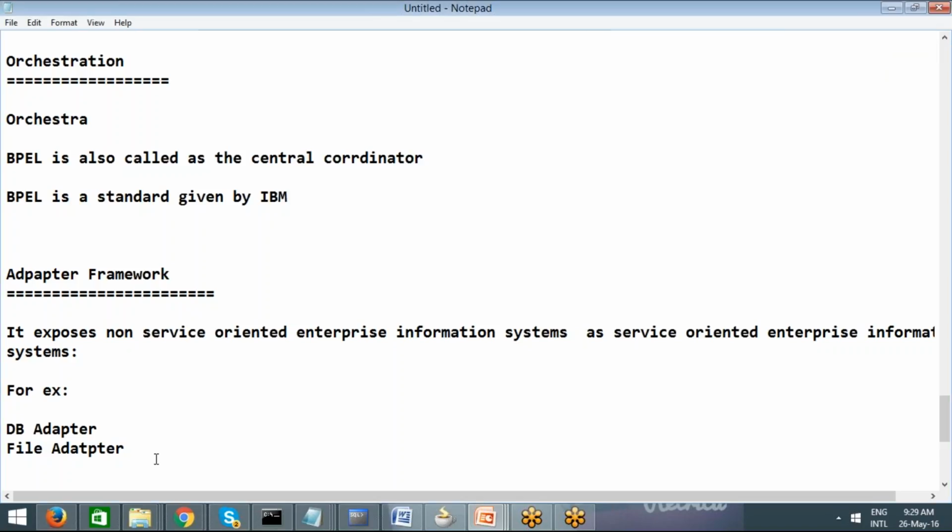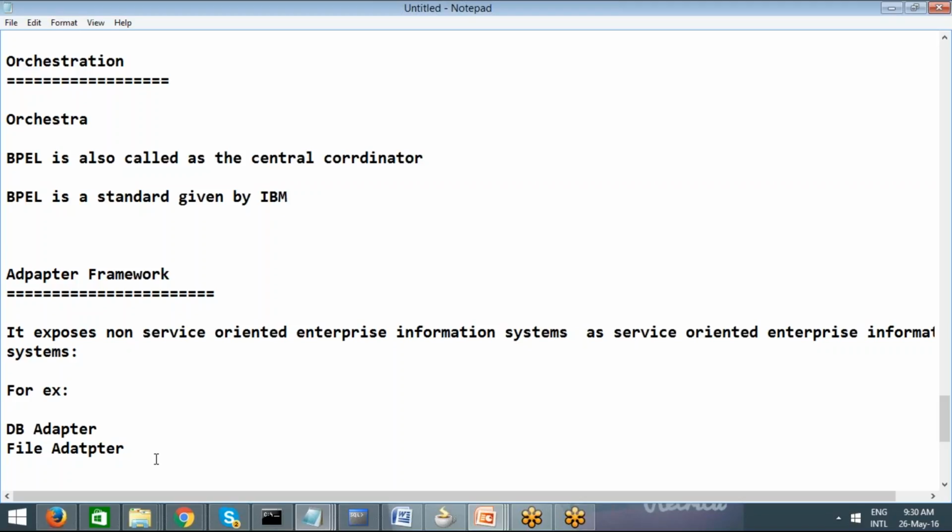Okay, fine. So what I was saying is, there are a lot of adapters which help to expose non-service oriented systems as service oriented systems. For example, let's say I want to do a select operation on a table. That select operation itself can be exposed as the operation of a web service, because Oracle SOA Suite can only communicate with those systems which can project themselves as web services.